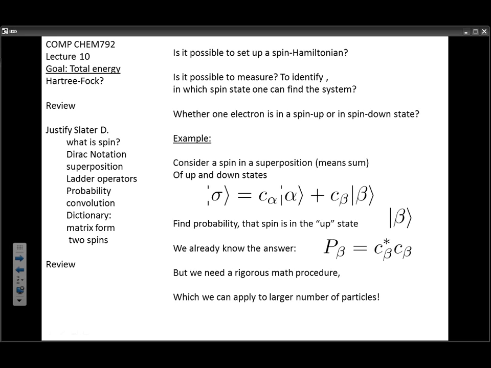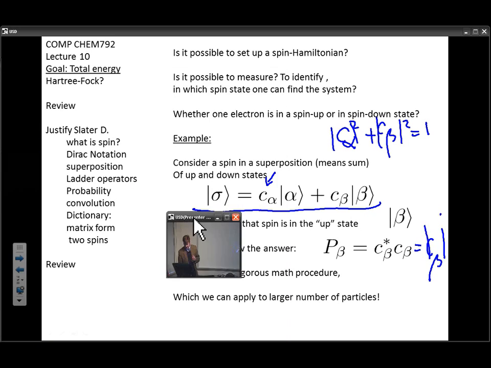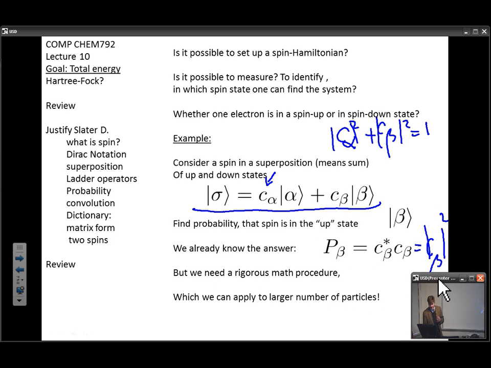This is maybe a too silly question because we already know the answer. So if you pose the superpositional state as coefficient c alpha times vector alpha plus c beta times vector beta, we know that c alpha squared plus c beta squared equals 1, and this c beta squared will give the probability that our spin is in state beta.